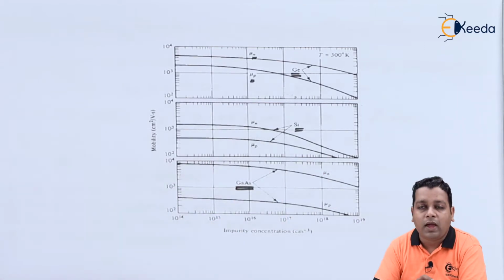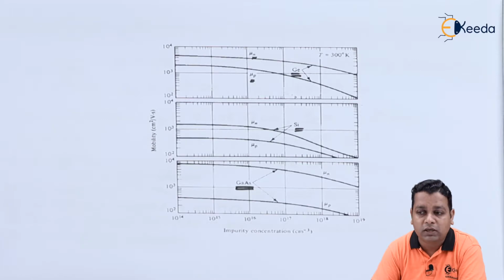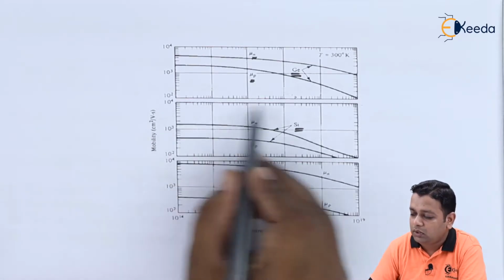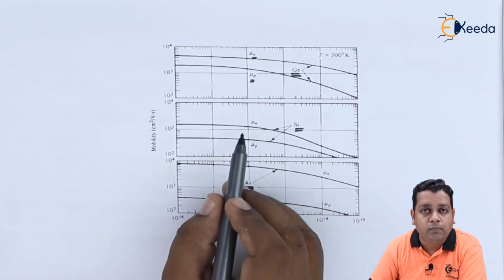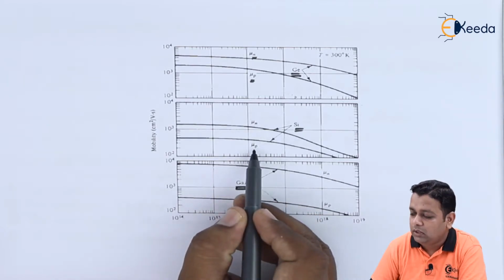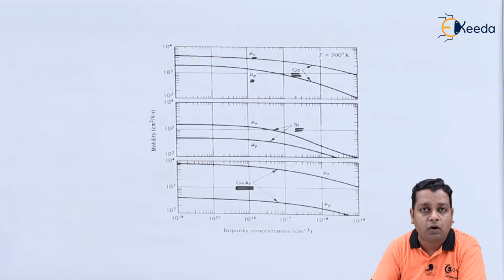As our problem statement tells us that it is for silicon material, we shall be confined to the middle graph here. So mu N denotes the mobility of the electrons, whereas mu P denotes the mobility of the holes. So from the problem statement we get back to the answer for part B.